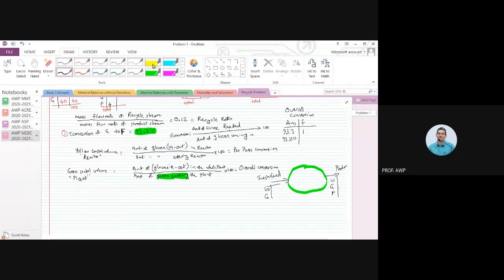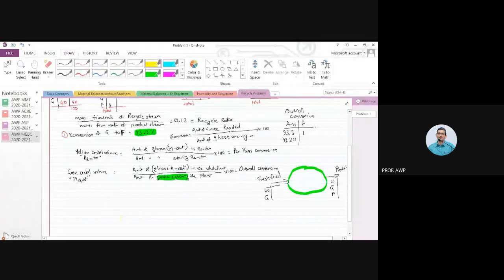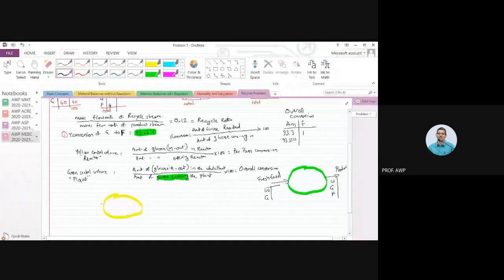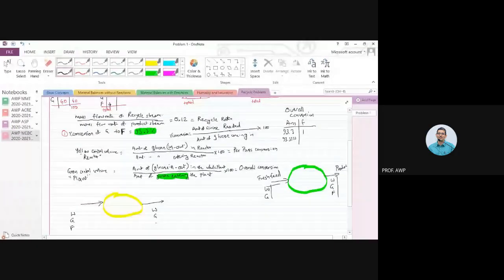If it is a yellow control volume, then it is different. That's why the concept of control volume.